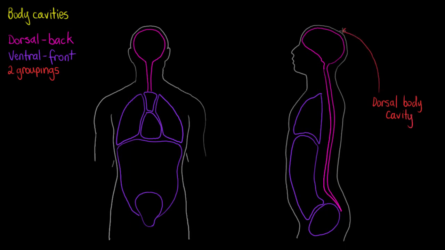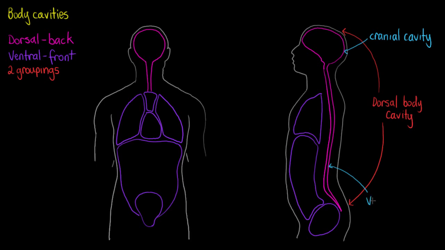From here, we subdivide the dorsal cavity into two segments, and we refer to the cavity that houses our brain as the cranial cavity, and the cavity that houses our spinal cord as the vertebral cavity. So cranial cavity and vertebral cavity.